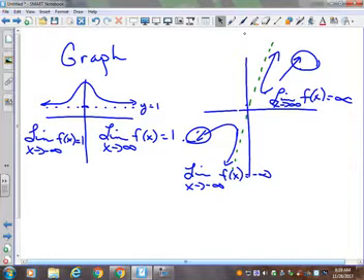Of course, if the shortcut rule doesn't work, if you don't have a problem where you can take the powers in the front and figure out what they're doing, then maybe you could do a table and figure it out. Or maybe you could do the algebra and figure it out. But they've given you a graph to try to see if you can match up which graph would have the horizontal asymptote that they're showing. Or it doesn't have one at all, I guess, if it didn't have one.